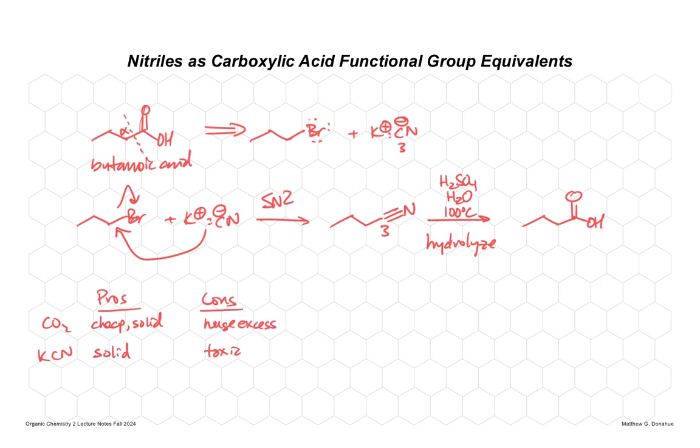And what I mean by that is you don't typically weigh it. You just get a block of CO2, you smash it with a hammer to get little pebbles, and you just chuck it in. And so it's fine if there's excess because it just bubbles out when it's done anyway. For potassium cyanide, you're pretty much weighing it out in a 1-to-1 molar ratio.